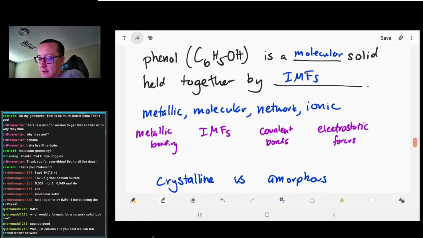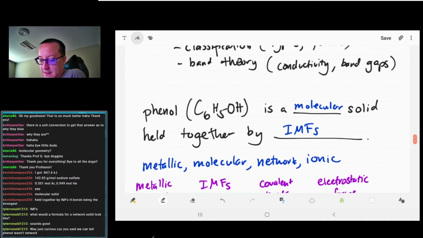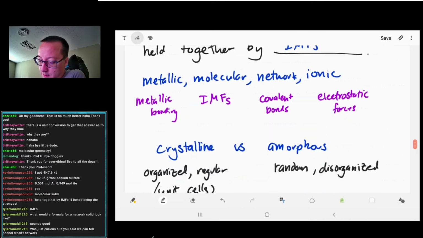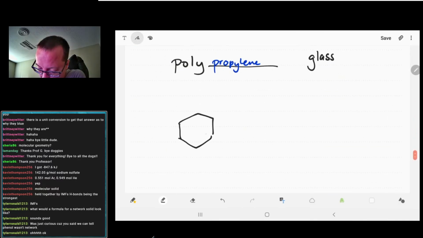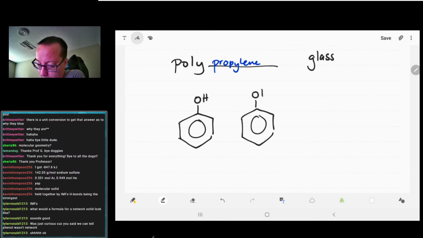If we look at phenol, we can see there are 13 atoms. 13 atoms a network does not make. Networks have millions of atoms all connected together. If we draw the structure for phenol, which you do not have to, this is what phenol looks like. If we have another phenol molecule, these two molecules are not covalently bonded together.